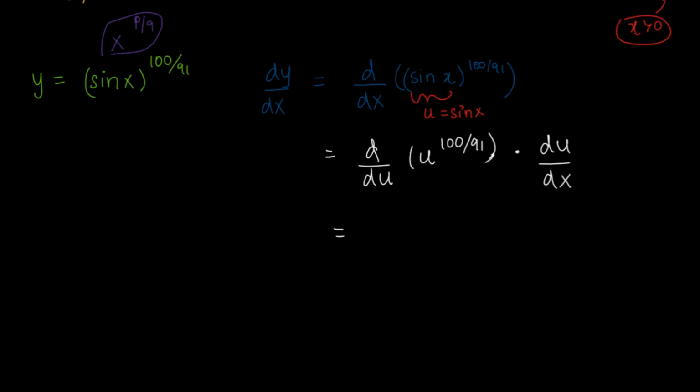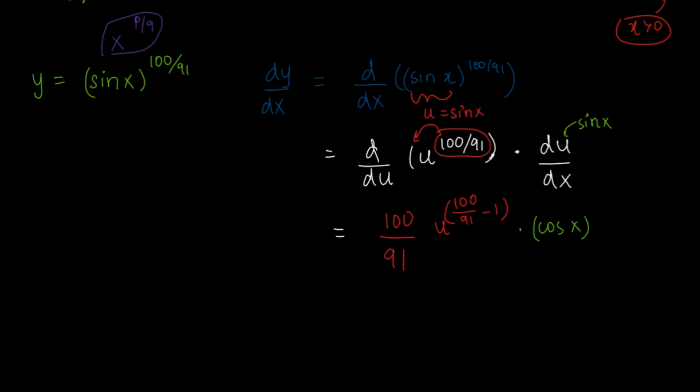Now, this 100 over 91 is a rational power. Bring it here, subtract 1 in the power itself. So we will have 100 over 91 times u to the power of 100 over 91 minus 1. All of this being multiplied by the derivative of sine of x. So the derivative of sine of x is cos of x.